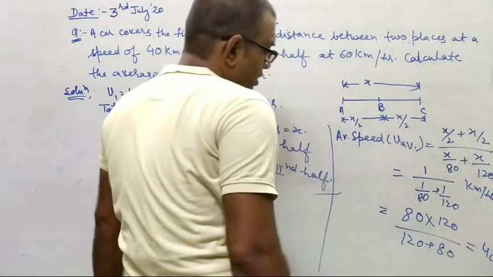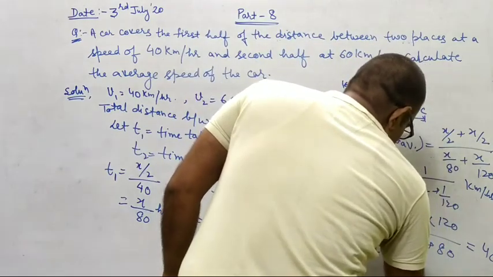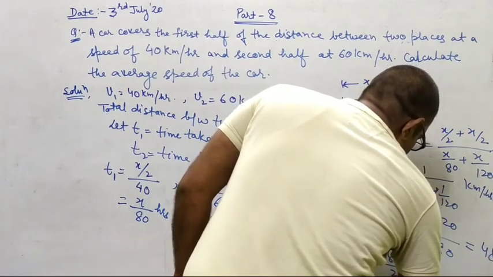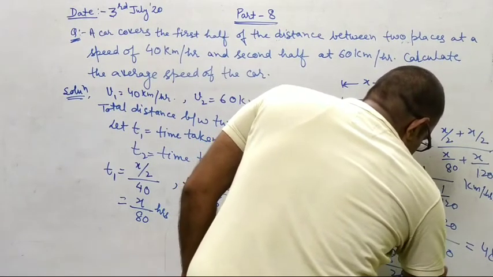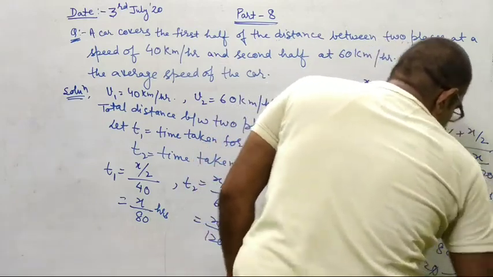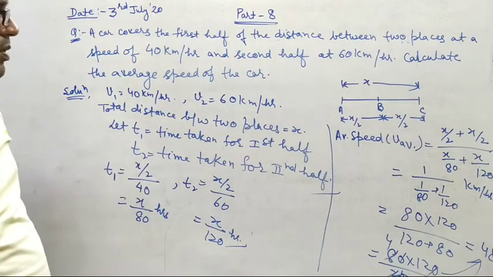On solving, 0 to 0 cancel out, 2 4 ja 80 and 12 4 ja 48, that is 48 kilometer per hour.